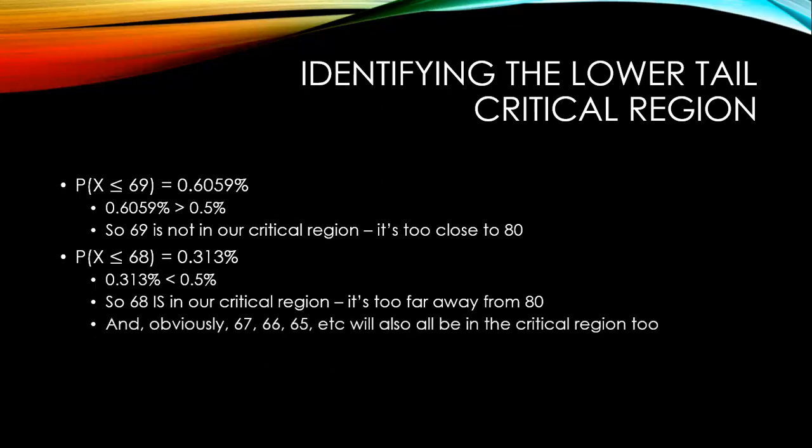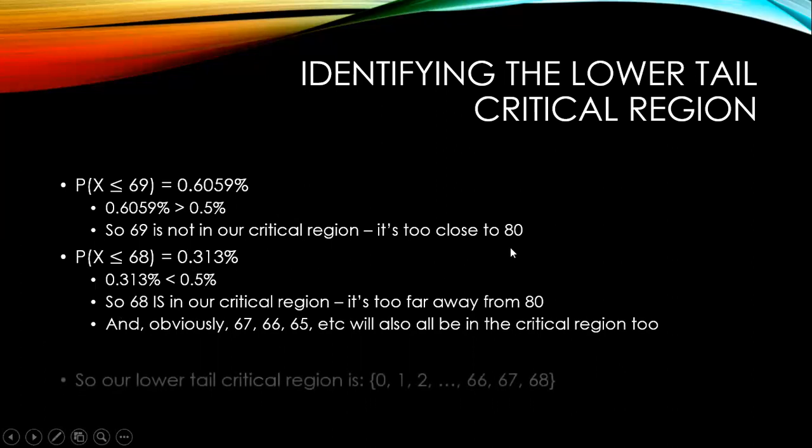That means that 67, 66, 65 will also be in our critical region, because the probability of getting 67 or fewer, 66 or fewer, or 65 or fewer successes will be less than 0.313%, so even smaller.